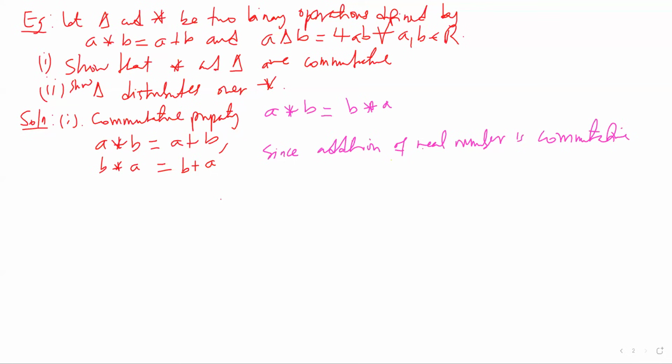So this is 1. Then the second one we need to show is that A delta B is 4AB, and B delta A is 4BA.